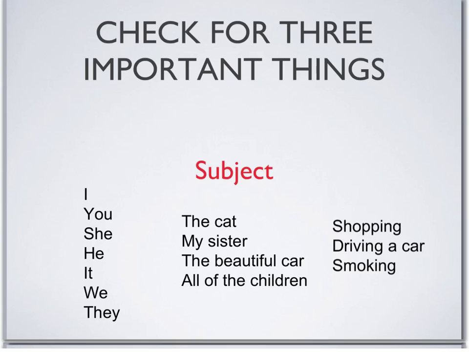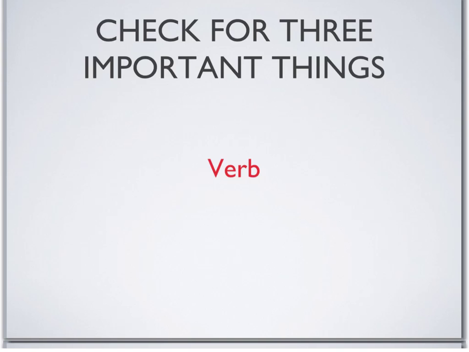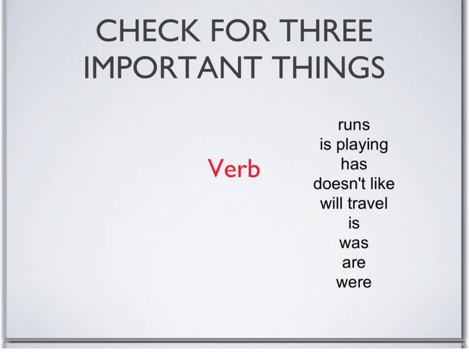For example, shopping is my hobby, or driving a car can be very dangerous, or smoking is a bad habit. The next thing to check for is the verb in the sentence. The verb is the action that the subject is doing, like runs, is playing, has, doesn't like, or will travel. It can also be a be verb like is, was, are, or were.